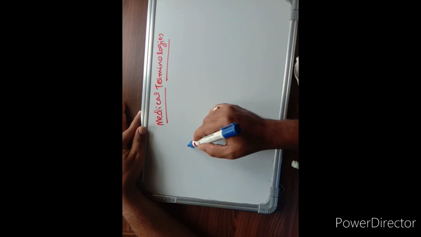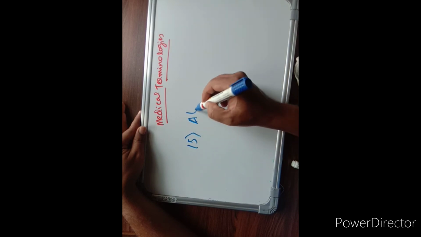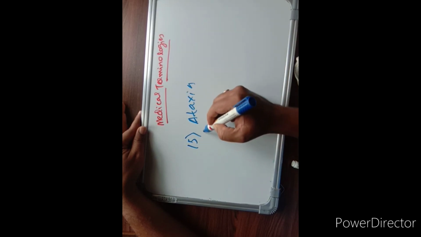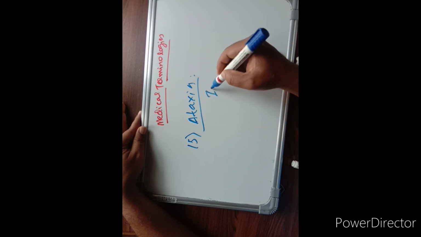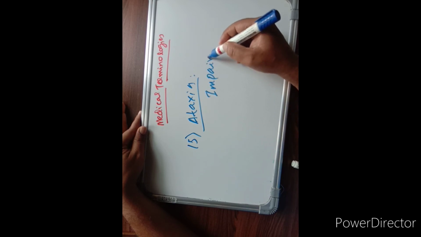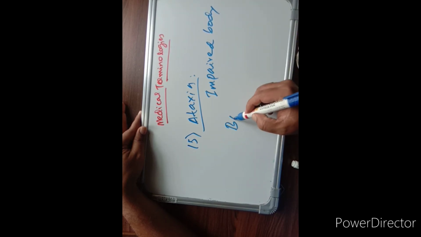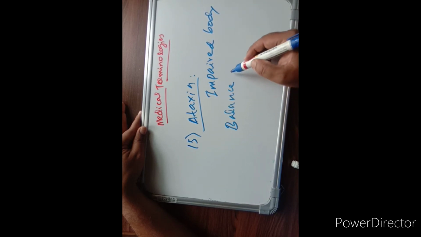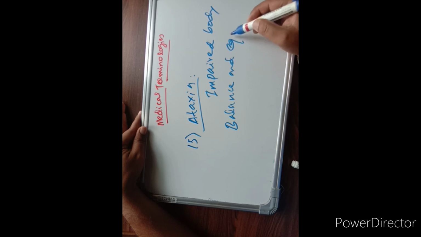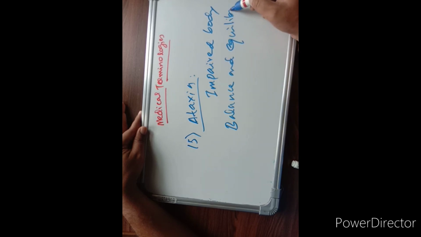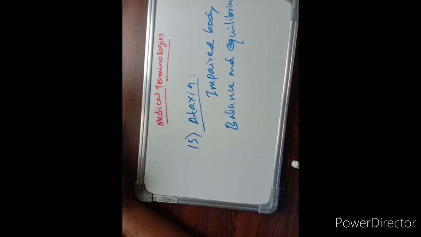Next one is ataxia. Ataxia means impaired body balance and equilibrium. The patient has an impairment in body balance and equilibrium. There is no proper body balance.